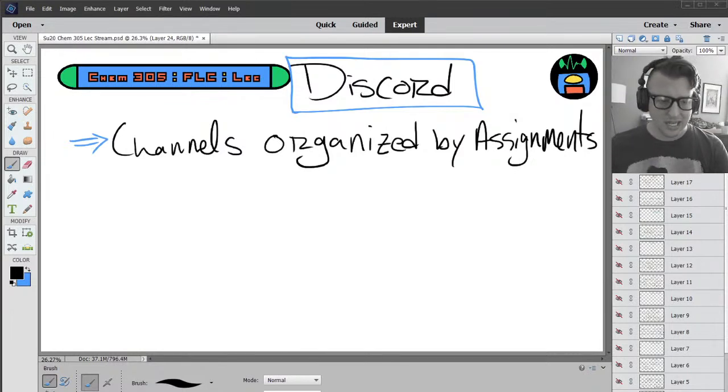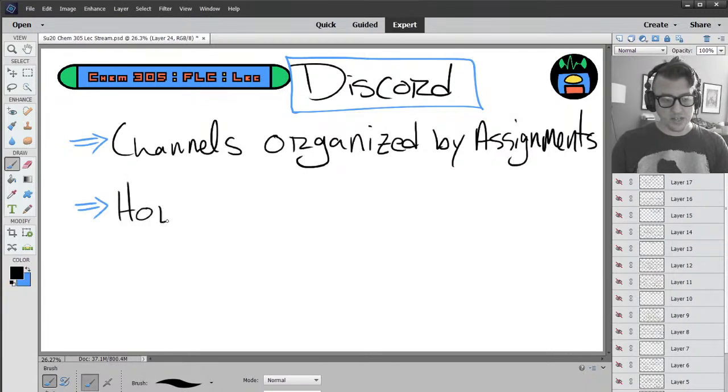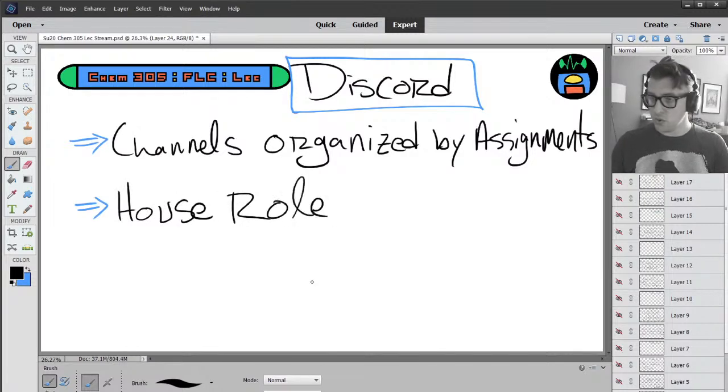In addition, it has a Harry Potter theme, and you'll notice in the syllabus quiz I asked in the fun section what your favorite House of Harry Potter is. I will assign you that role in Discord based on whether you like Gryffindor, Hufflepuff, Ravenclaw, or Slytherin.